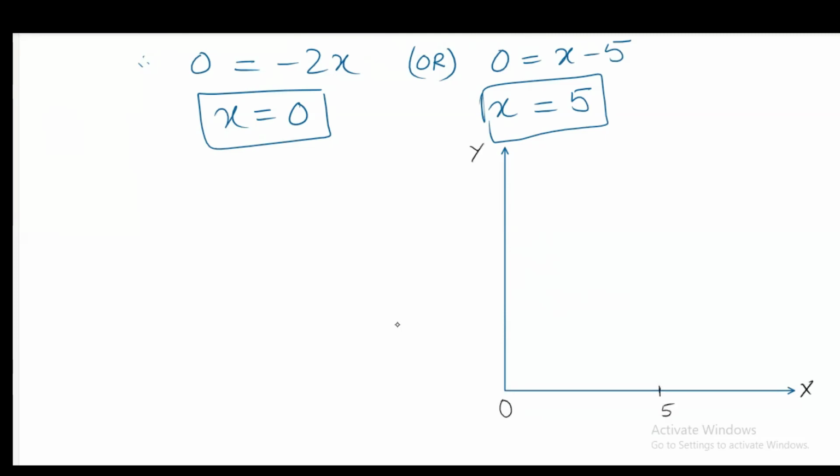On the x-axis and y-axis, draw a line of symmetry through the midpoint of 0 and 5.